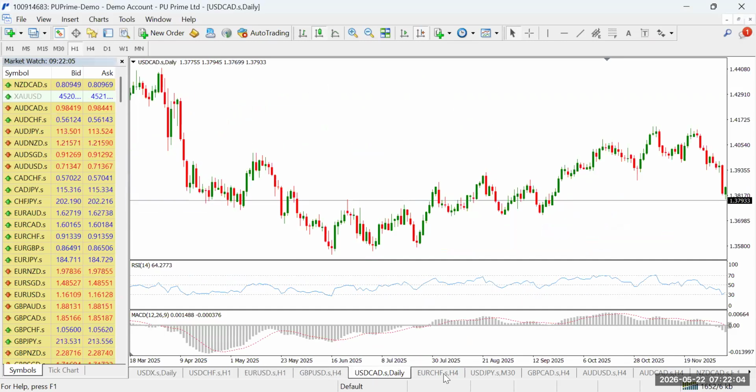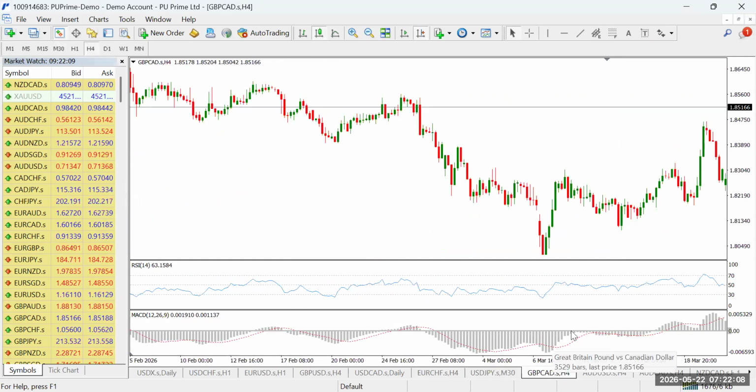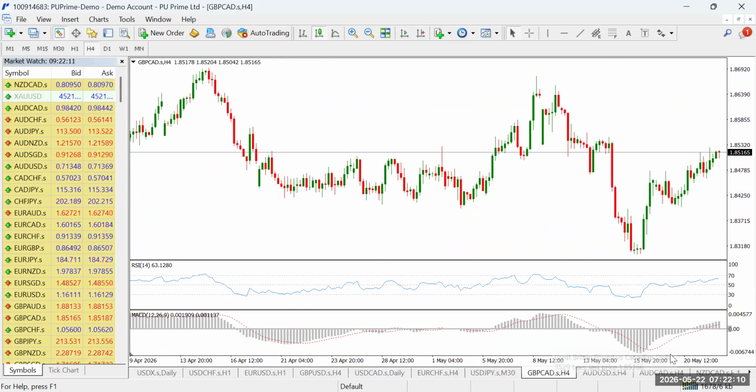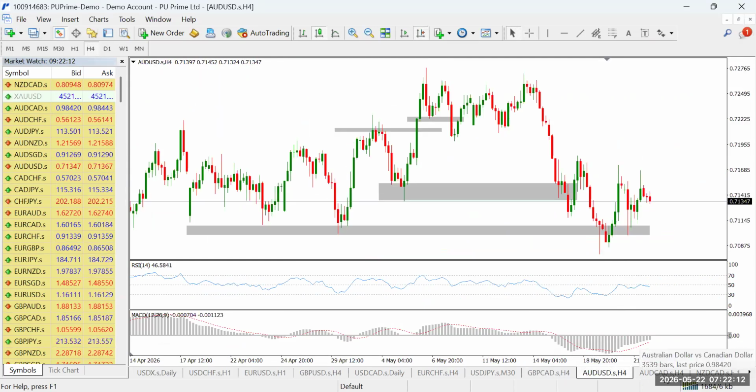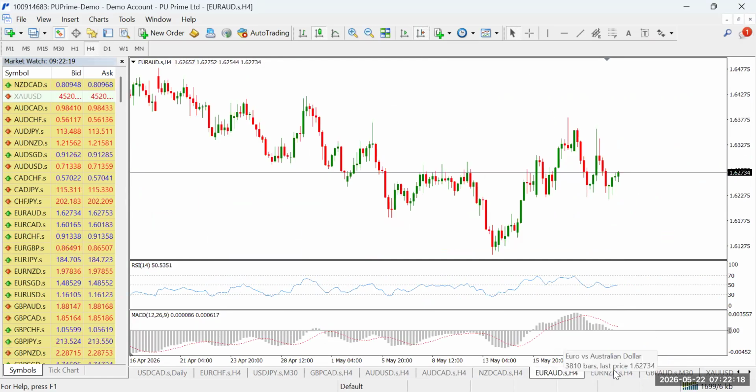Now, those are the two major analyses I have for us this morning. Let me just give an update on some others. For gold and crude oil, a lot depends on what is happening between the United States and Iran. Iran still insists on retaining some of their nuclear assets, which is against what the United States wants.